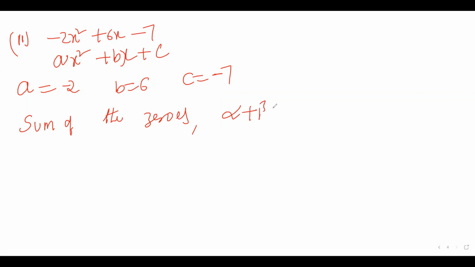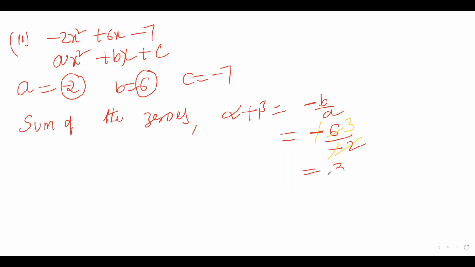Alpha plus beta is equal to minus b by a, so minus 6 by minus 2. You can cancel both the minus, and 2 goes into 6 three times. So the sum of the zeros is 3.